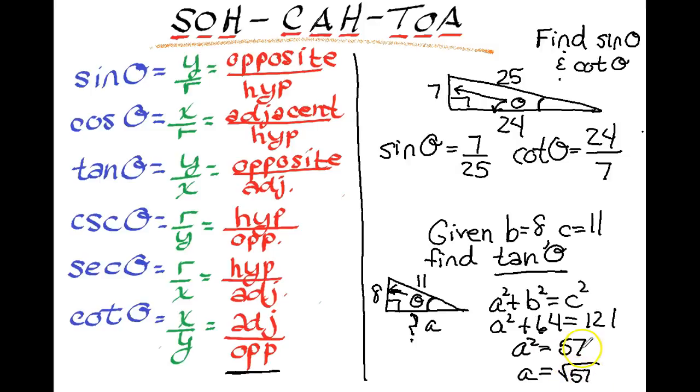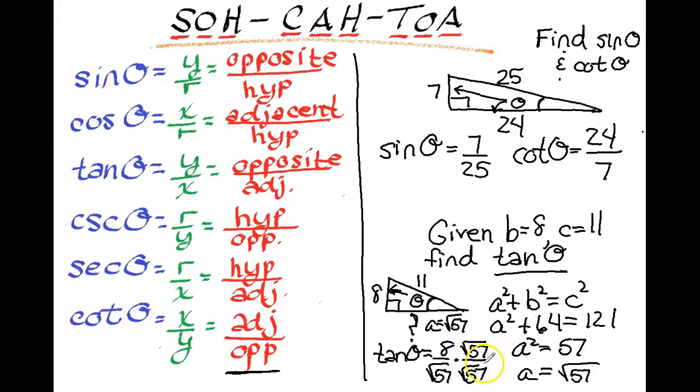Let's see, 5 and 7 is 12, so it is divisible by 3. So we have 3 times 19. Okay, it's not going to reduce any further. So I know that a is the square root of 57, and that tangent is opposite over adjacent. So my tangent here is going to be 8 over the square root of 57, and I have to rationalize that.